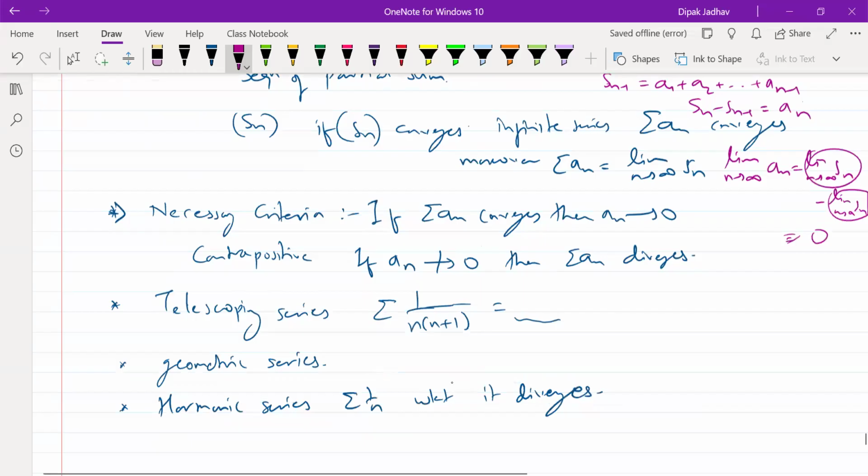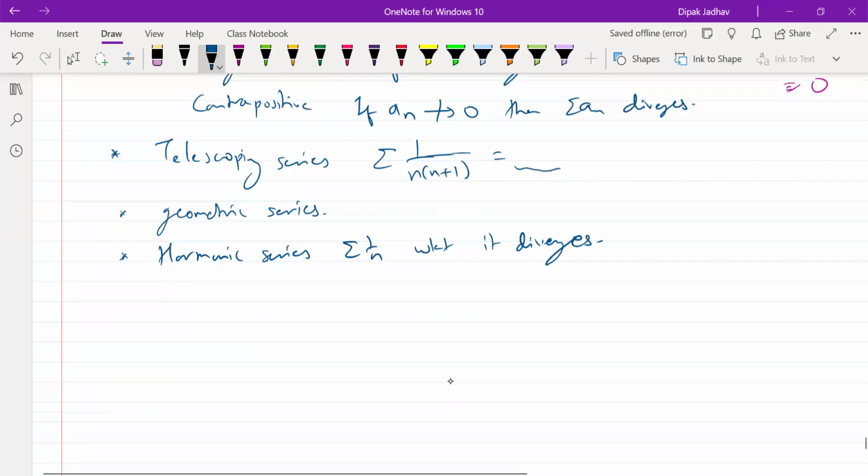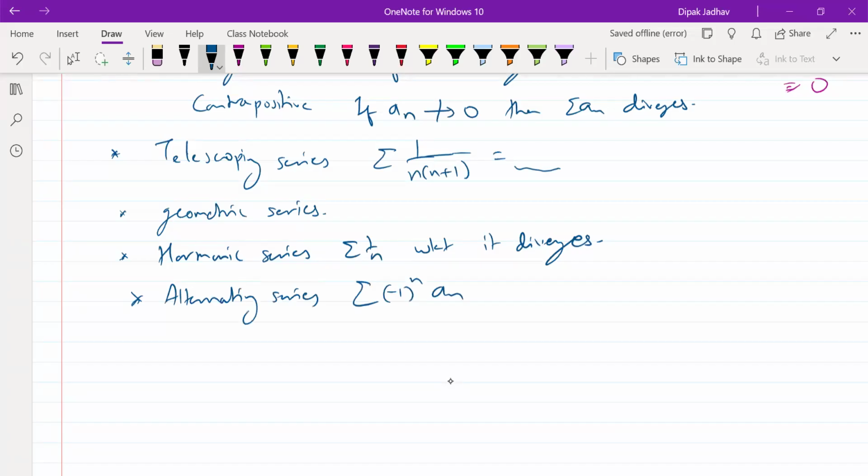Yeah. Let us continue. Then we have seen something called an alternating series. Summation minus 1 raised to n times an, where the an are strictly positive terms.